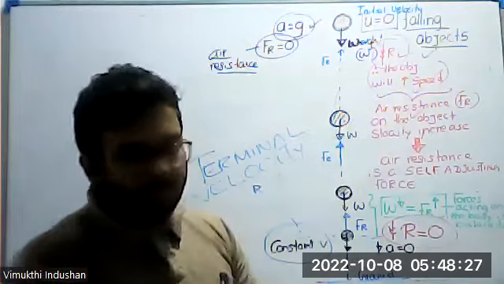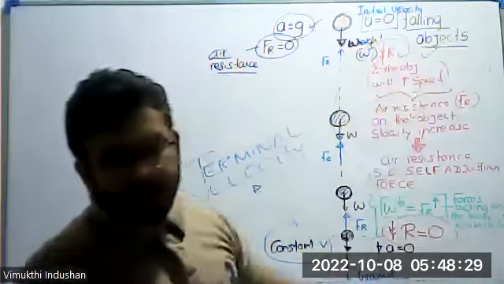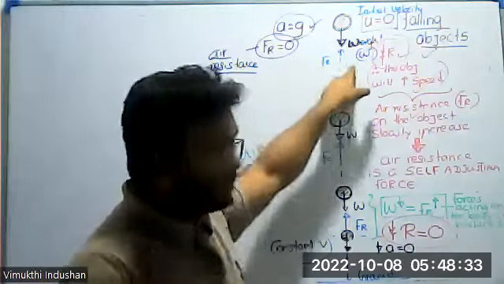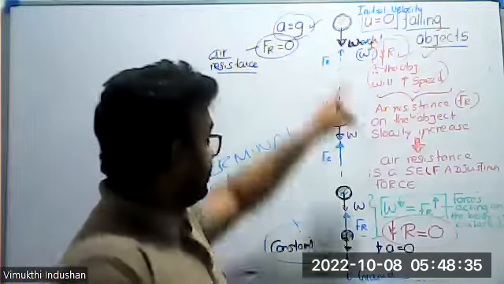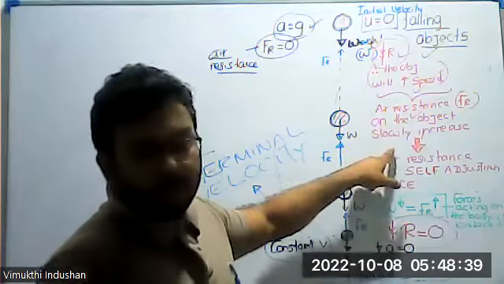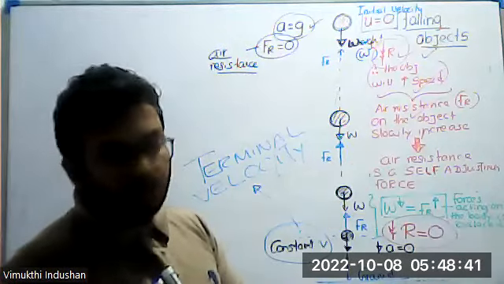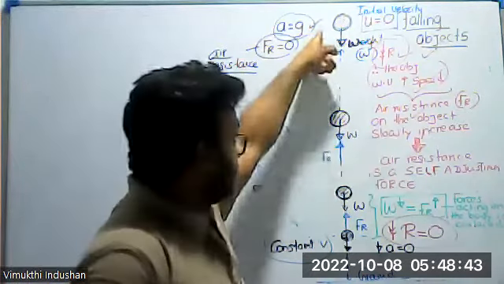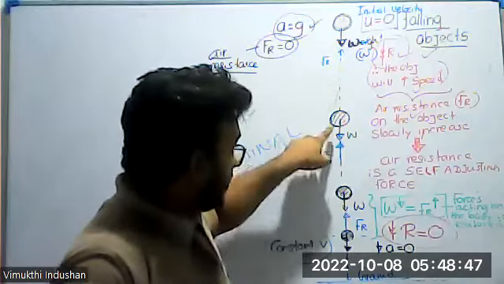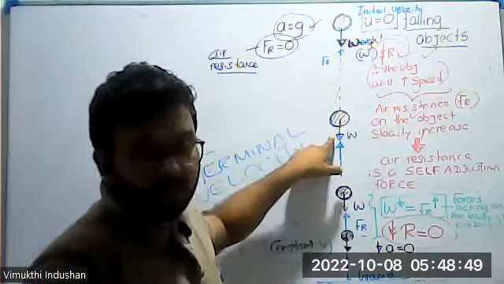When objects speed up, there is a force called air resistance that will slowly develop. Starting from zero, air resistance will slowly start to increase on the object. After a certain time period, you can see there is a force acting downward, which is your weight. It's anyway there.